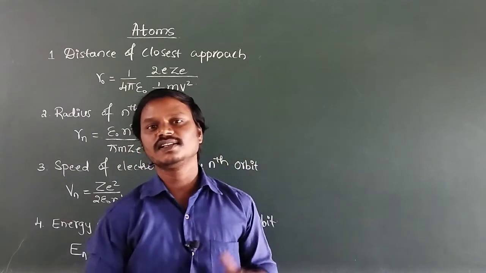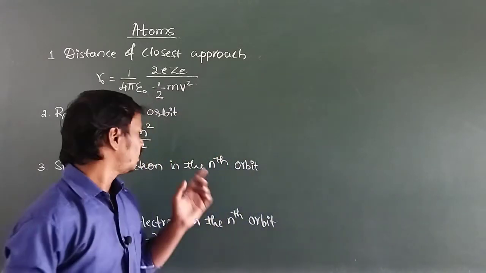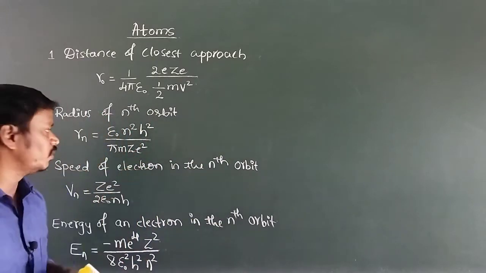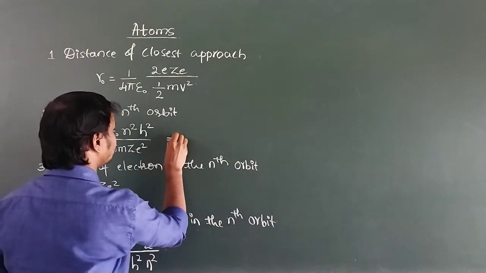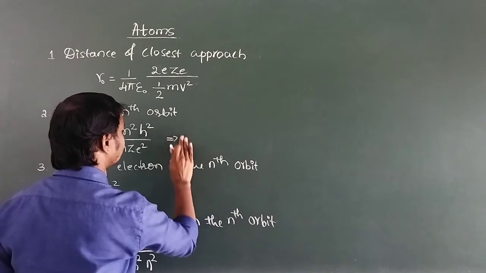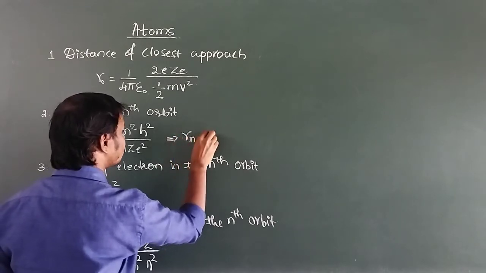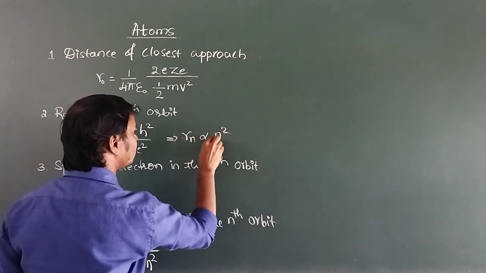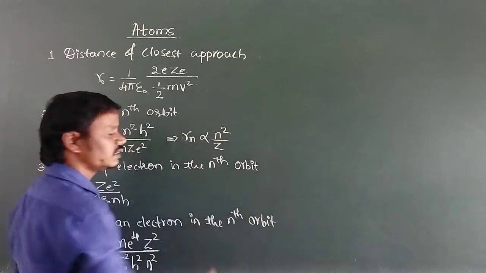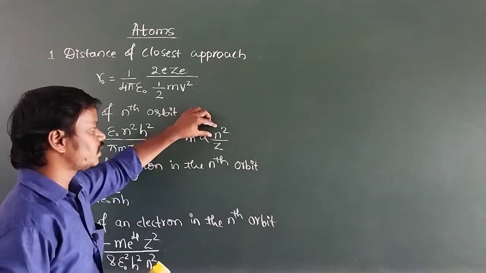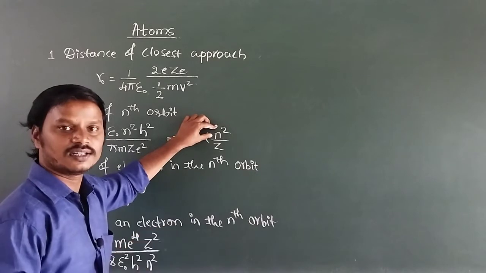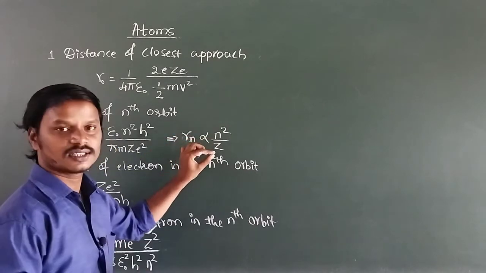What is n? n is the principal quantum number, and what is Z? Z is the atomic number. The radius is directly proportional to n square and inversely proportional to Z. n is the principal quantum number or orbit number, and Z is the atomic number.